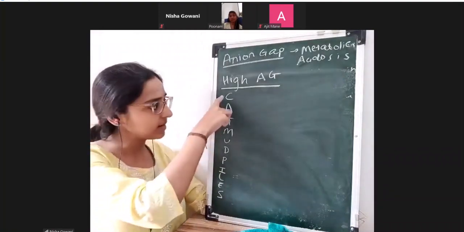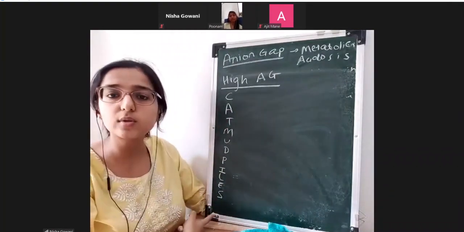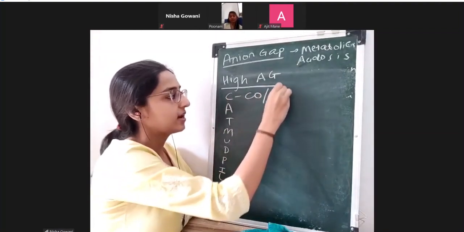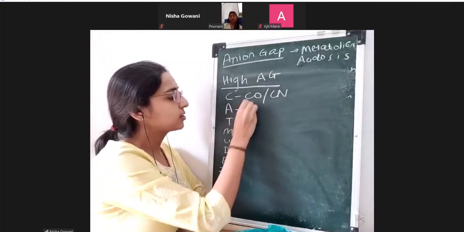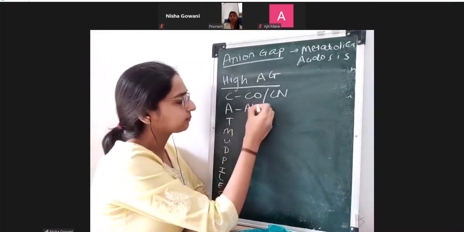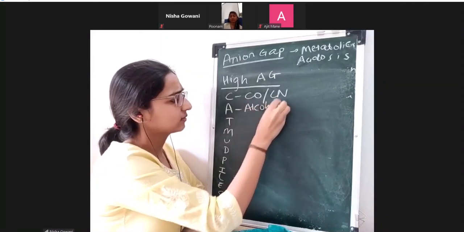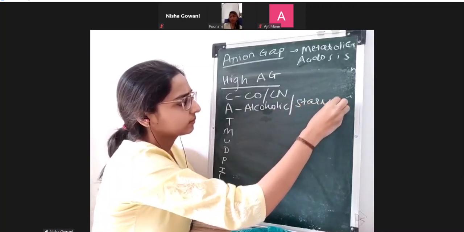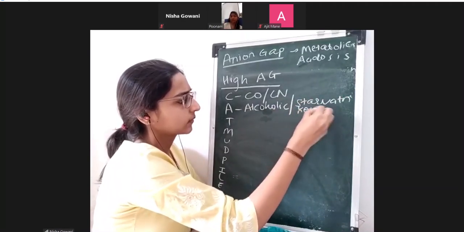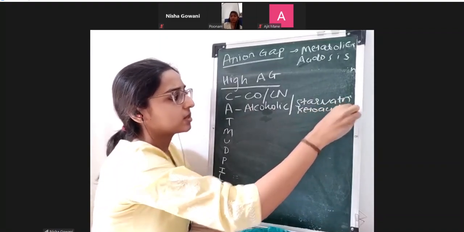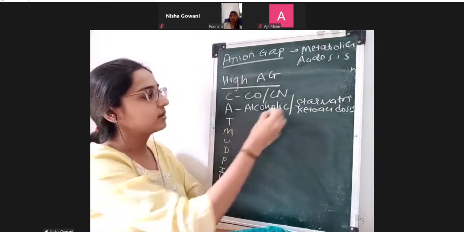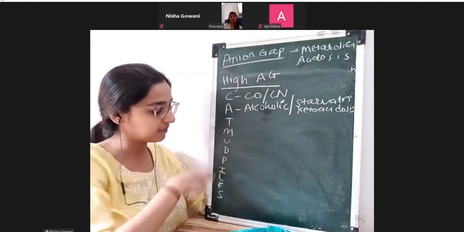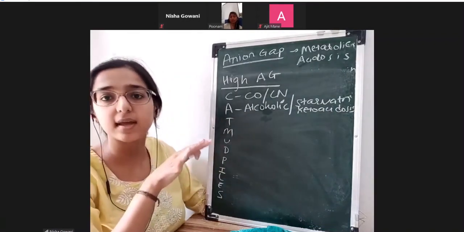Whenever you see this mnemonic in the patient: if there is a patient having carbon monoxide poisoning, cyanide poisoning, if the patient is alcoholic, or the patient is going into starvation ketoacidosis, you will come to know from the history and the clinical findings of the patient. If any of this is present, then you should suspect that there could be high anion gap.